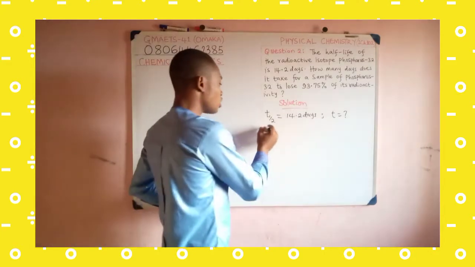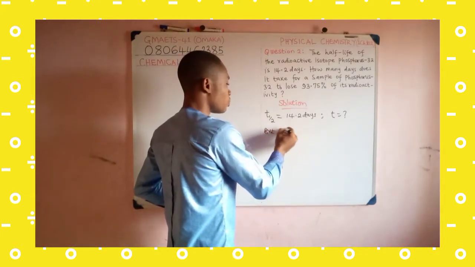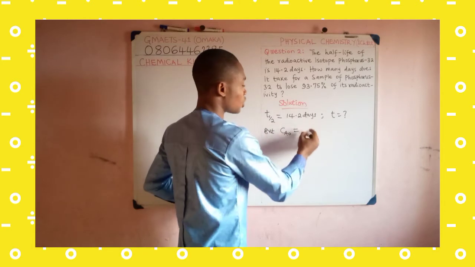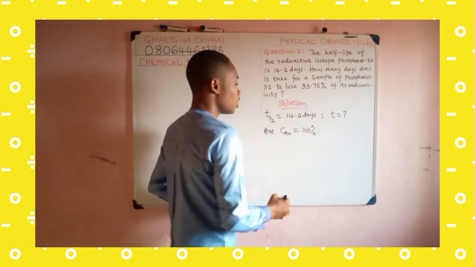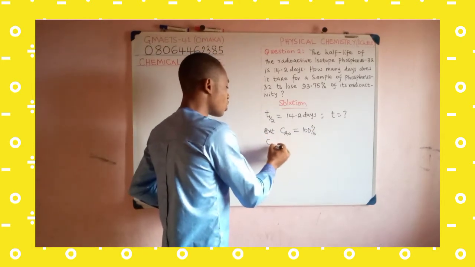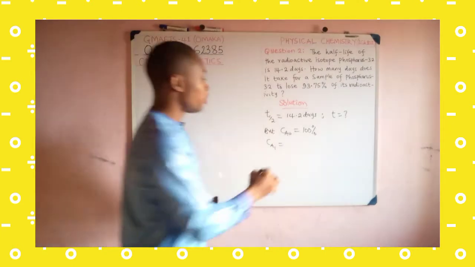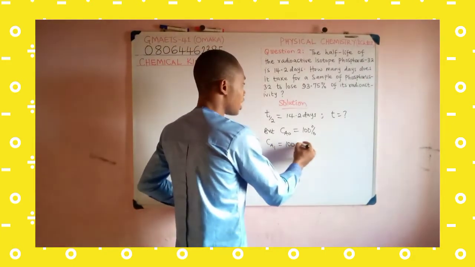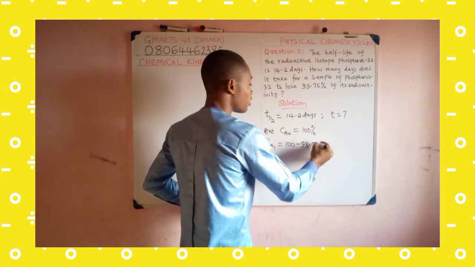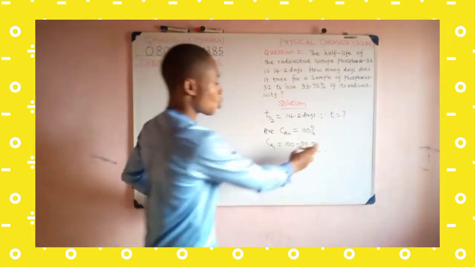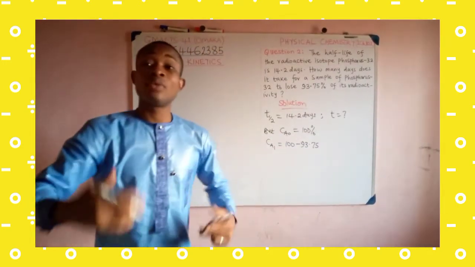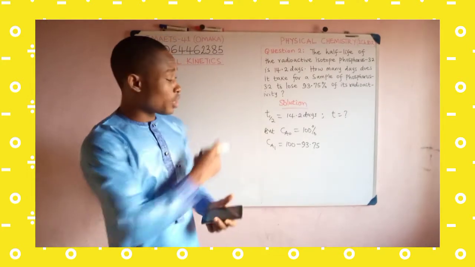Is that okay? And total percentage is going to be CA0. So total percentage is 100%. So the final concentration is going to be 100 minus 93.75, since it's going to lose this quantity. So the final concentration that will be left will be 100 minus that value.